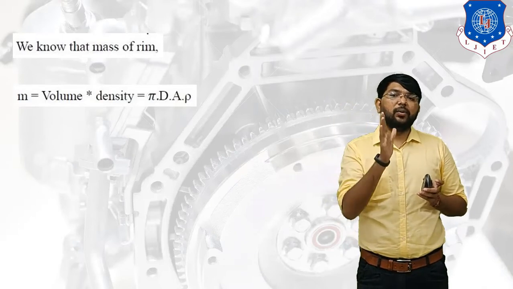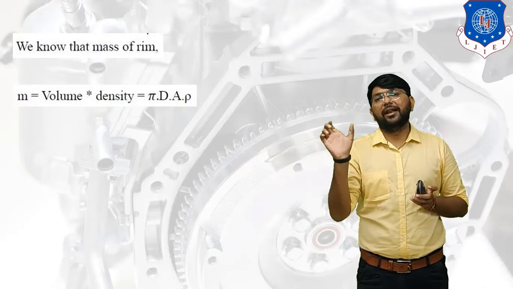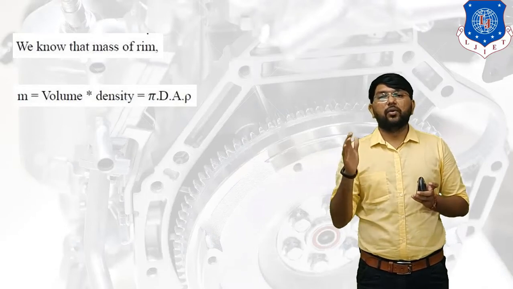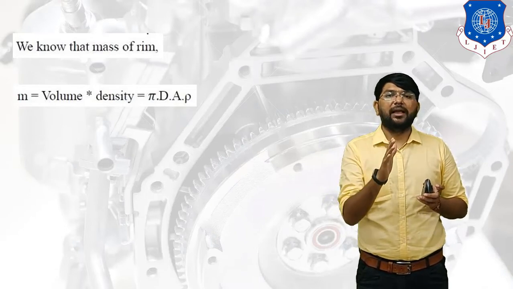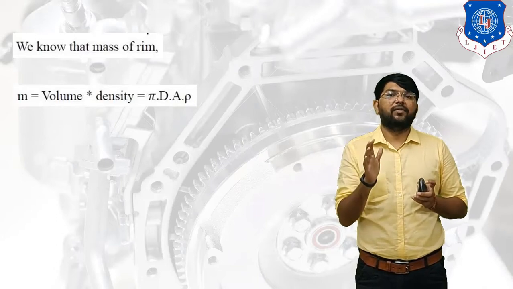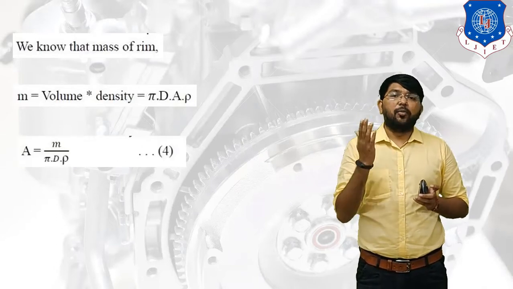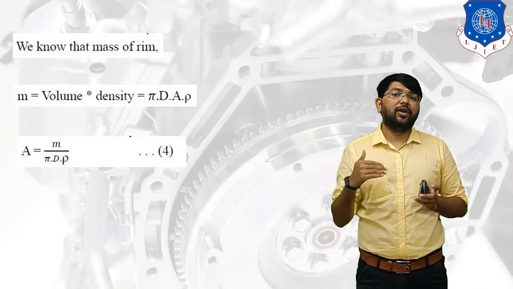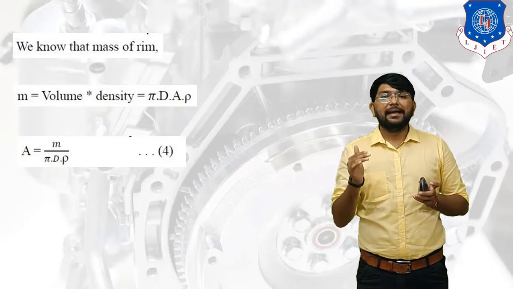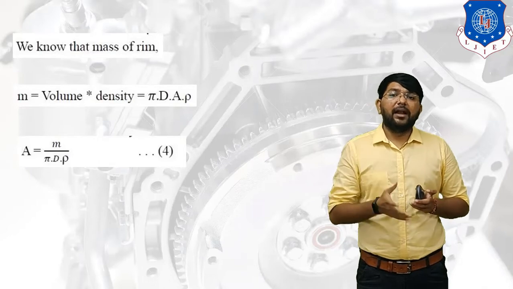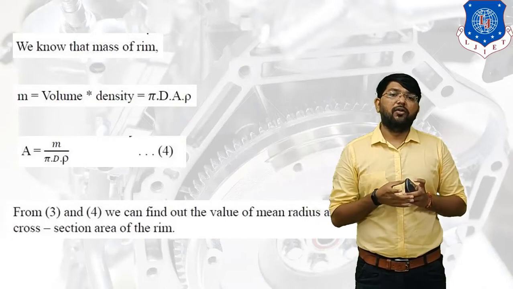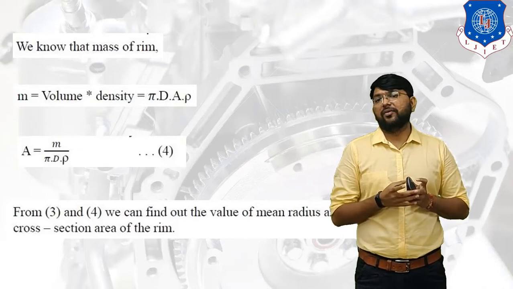So pi d into A is the volume of the flywheel rim, and density is rho. So mass is equal to pi into d into capital A into rho. This is the equation of the mass. Clear? Now based on this equation you can write cross sectional area capital A is equal to mass upon pi d rho. Clear? Now from equation 3 and 4 we can find the value of mean radius and cross sectional area of the rim.